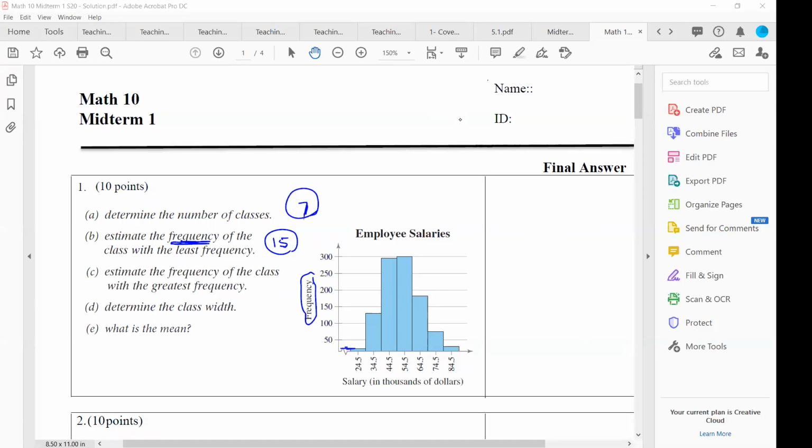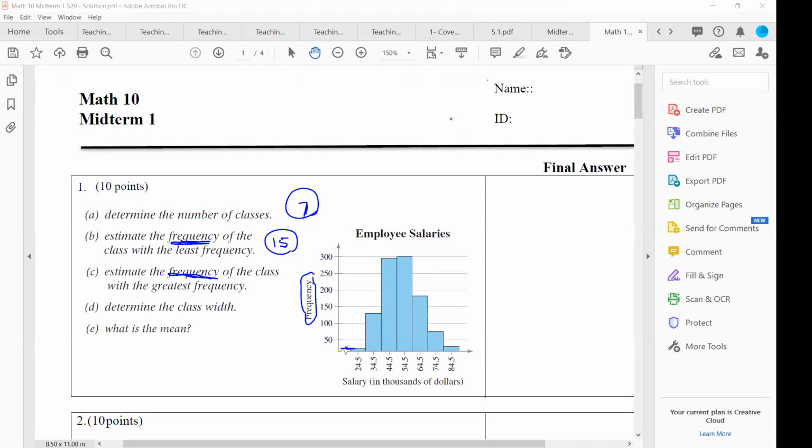Part C says estimate the frequency or the count of the class with the greatest frequency. The greatest frequency means that you have the highest repetition in your data. Very well, we have to select the largest bar.